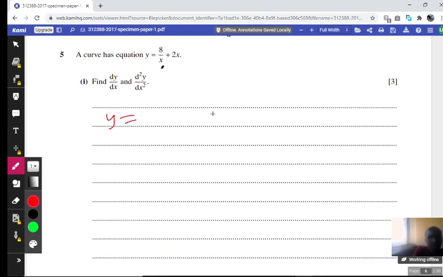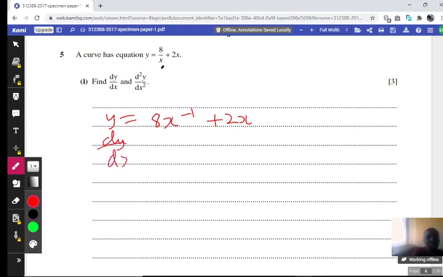We say y equals 8x to the power minus 1, applying the laws of indices. Any number raised to a negative power is the same as 1 over the same number raised to a positive power. So we just give the power of x, which is 1, a negative sign. Then now you differentiate.